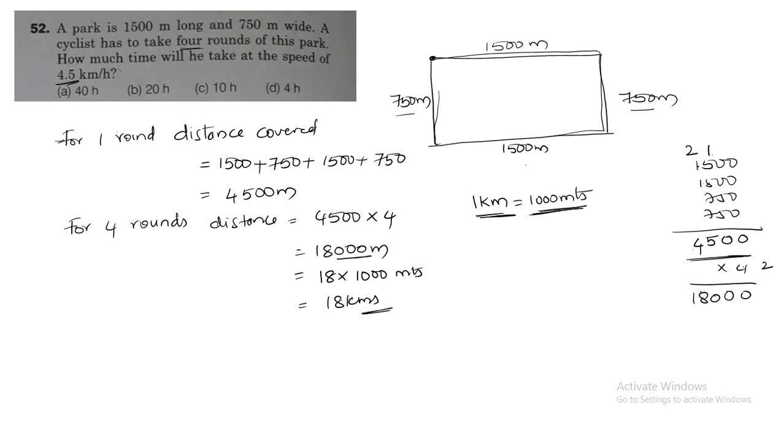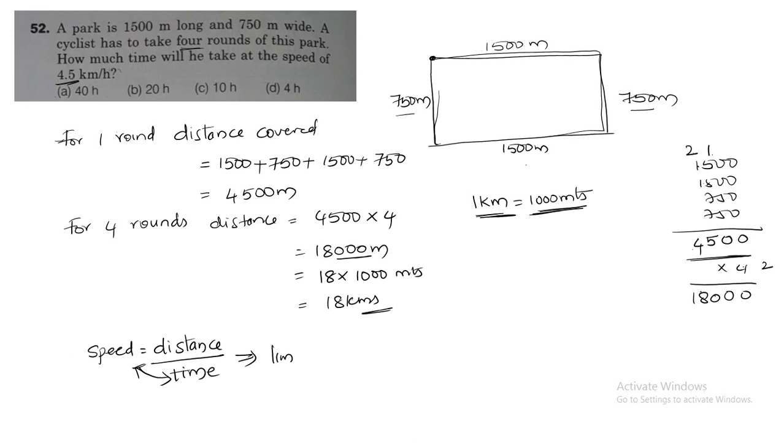Next, finally, we need to find out the time. So already we know speed is equal to, what is the formula? Speed is equal to distance by time. Now since I need the time, I am going to exchange these places.